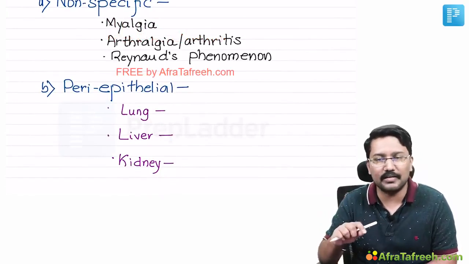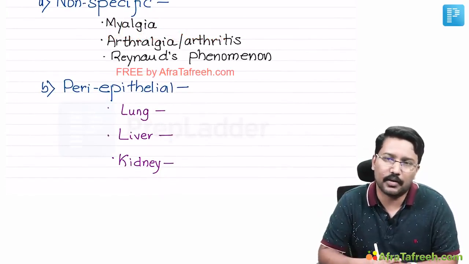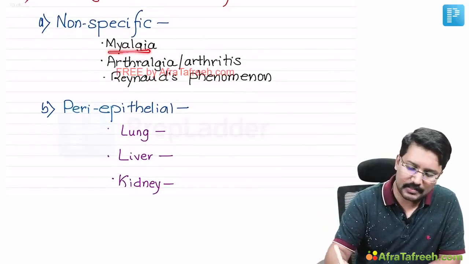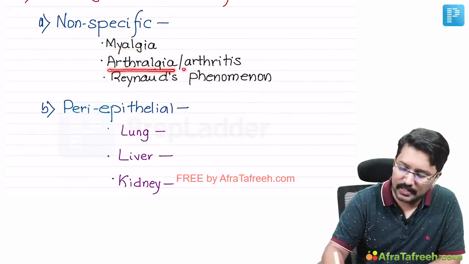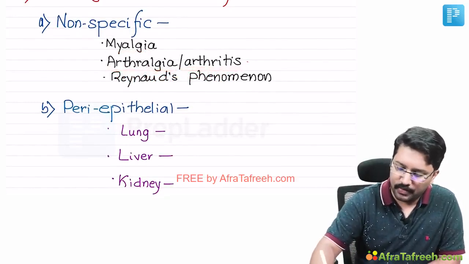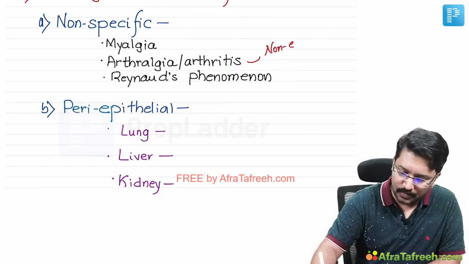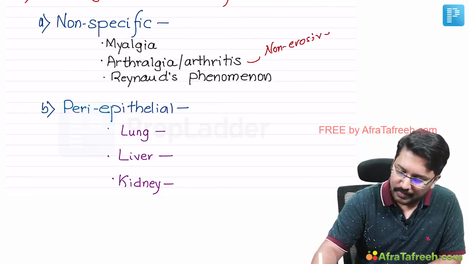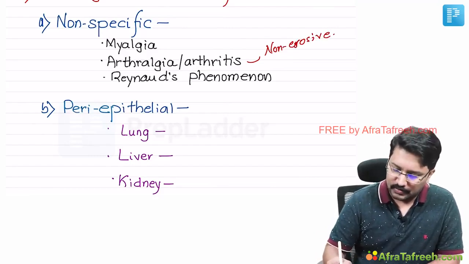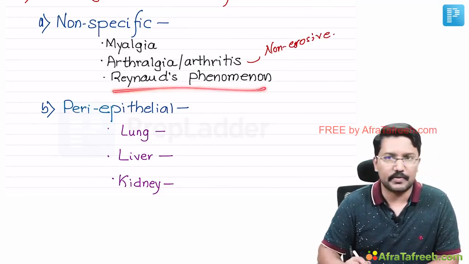So 4 subcategories under this heading. Okay. Talking about non-specific, yes, patients can develop myalgia, arthralgia as well as arthritis. Arthritis can be inflammatory but usually non-erosive, right? And patients can also develop Raynaud's phenomenon, right? These are the non-specific manifestations.